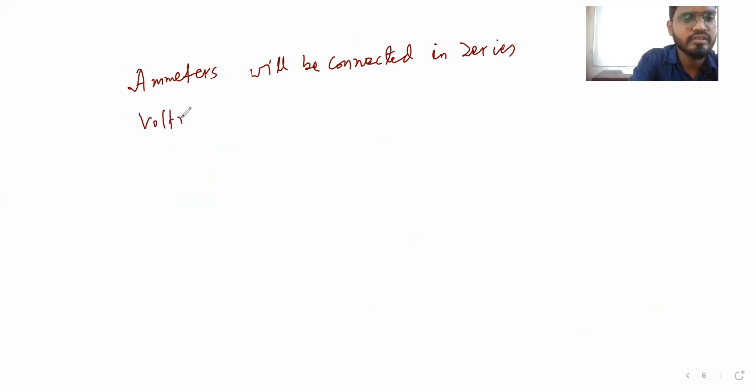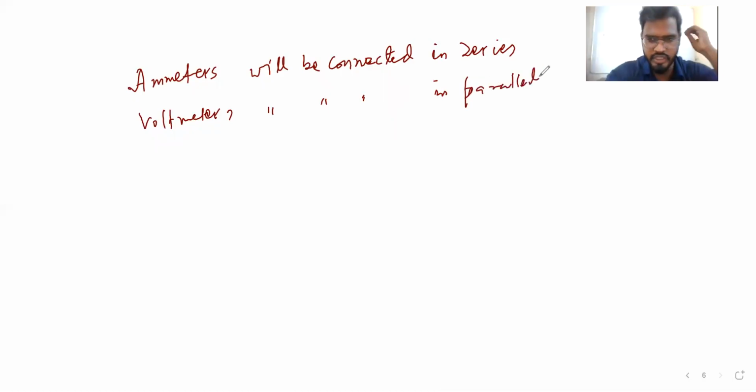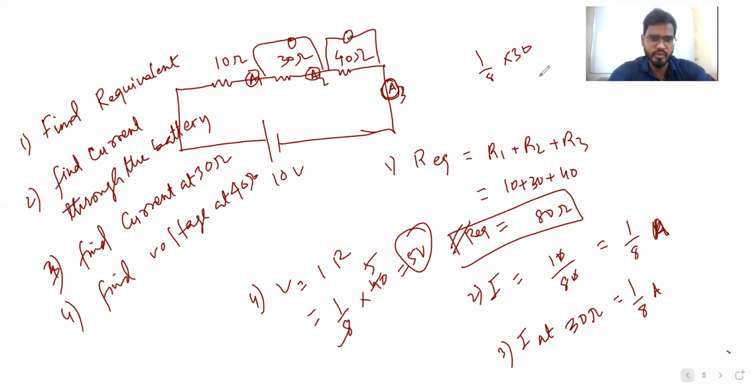Voltmeters will be connected in parallel. Right? So this we should know properly. Ammeters will be connected in series and voltmeters will be connected in parallel. That we understood properly.